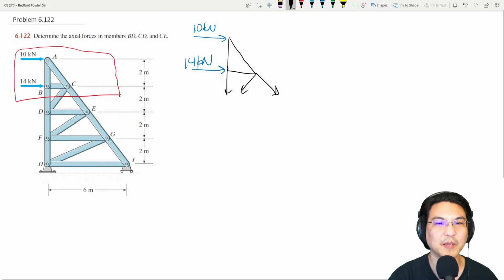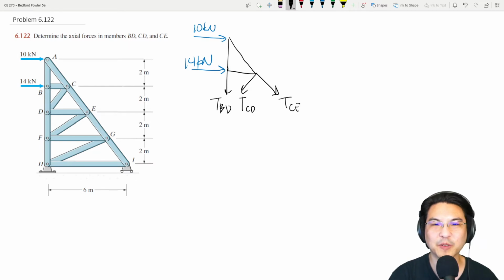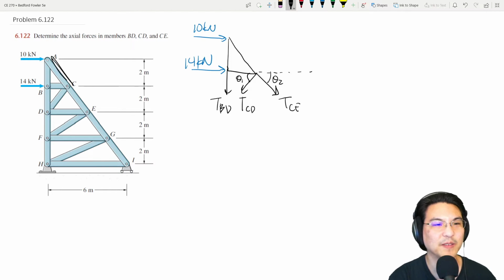Okay, and then let me label these. So BD, CD, CE. And then, okay, let's see. For the geometry, this angle, I'll just call this theta 1, and I'll call this theta 2. So theta 2, for each of these members, it's all the same, right?